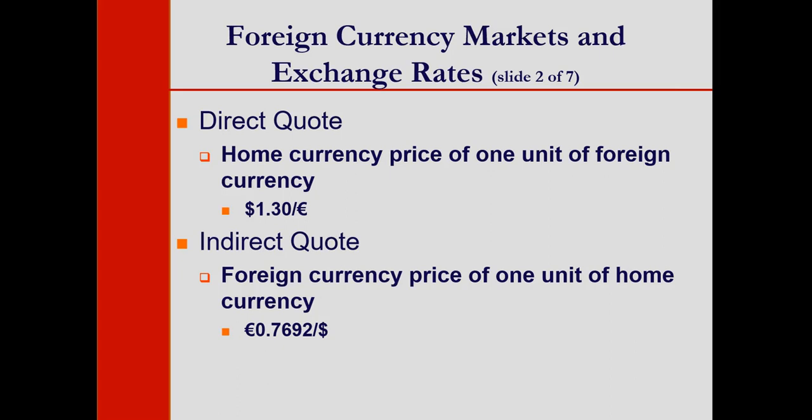So direct quote means home currency prices of 1 unit of foreign currency. Now what does that mean? Look, we are in United States, right? In the US, we basically just consider the foreign currency like any other commodity that you buy.